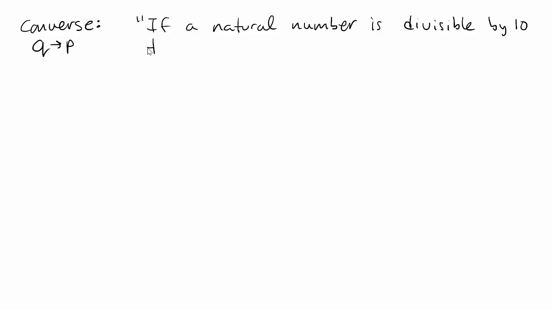So this is going to be if a natural number is divisible by 10, then the natural number is divisible by 5.